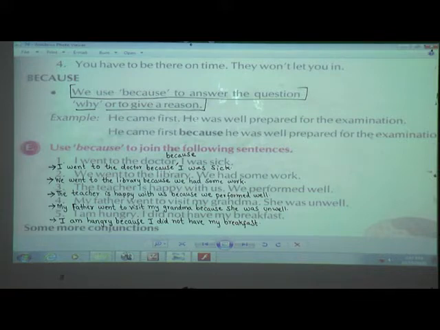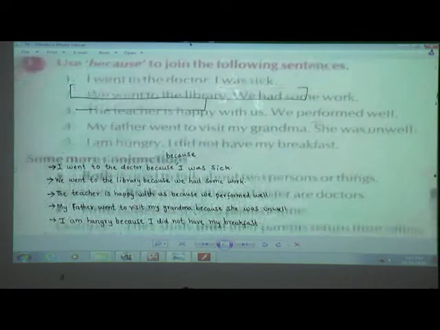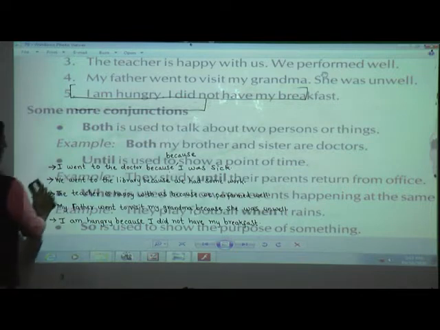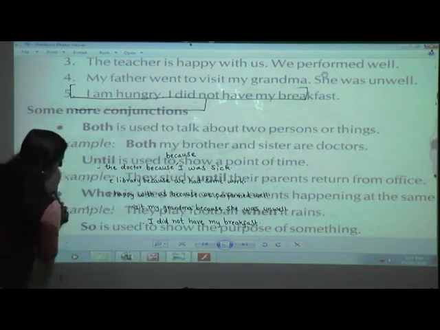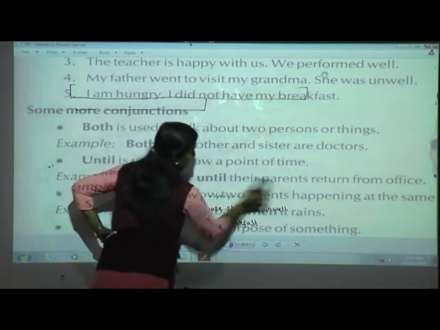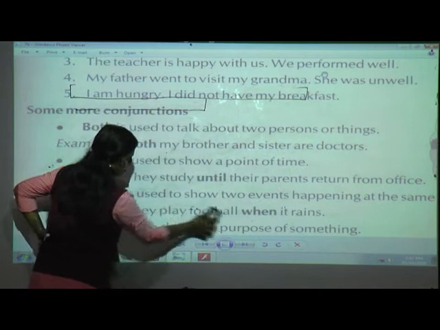Understood, students, how we have used the two conjunctions? Yes, or and because, B-E-C-A-U-S-E. Now we are going to see some more conjunctions, okay? If you see in the same page, what are they? Both, until, when, if. I hope that you have completed this.